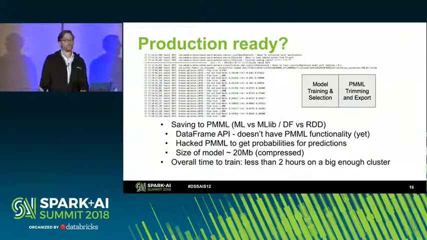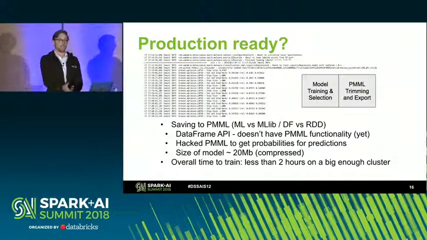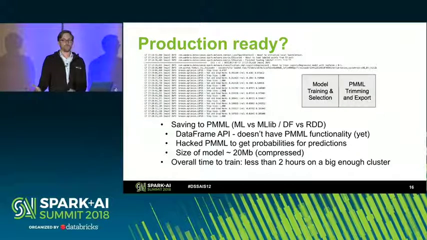Natively, it will just give you the classes. So you'll say, okay, I want a prediction, and the output would be, yes, it's malware, or no, it's safe. But we wanted to be able to control the way in which we tagged up our applications. So we wanted to get probabilities rather than just the class. So we had to basically add that functionality back into the exploitation of the PMML.